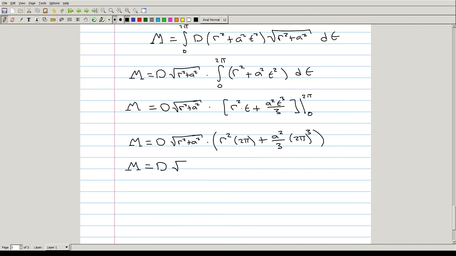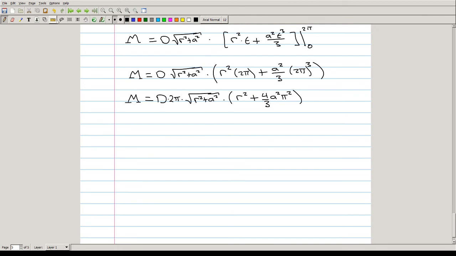It'll be d times the square root of r squared plus a squared times, and I'll put 2 pi at the very beginning because it's part of a constant, and factor out of 2 pi here to get 2 pi, so d times 2 pi times this times r squared plus, and what's left over when you factor out the 2 pi here is going to be 2 pi squared, so it'll be 4/3 a squared times pi squared.